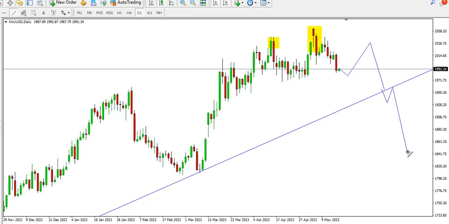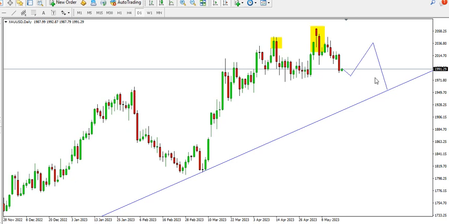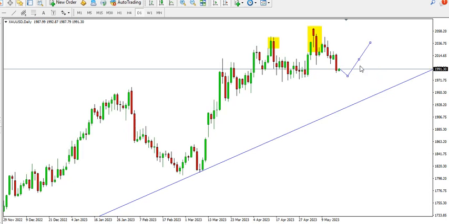But that might not happen. Price could touch or test the trend line and then continue up. All right, so that's my forecast for the long-term period for gold.